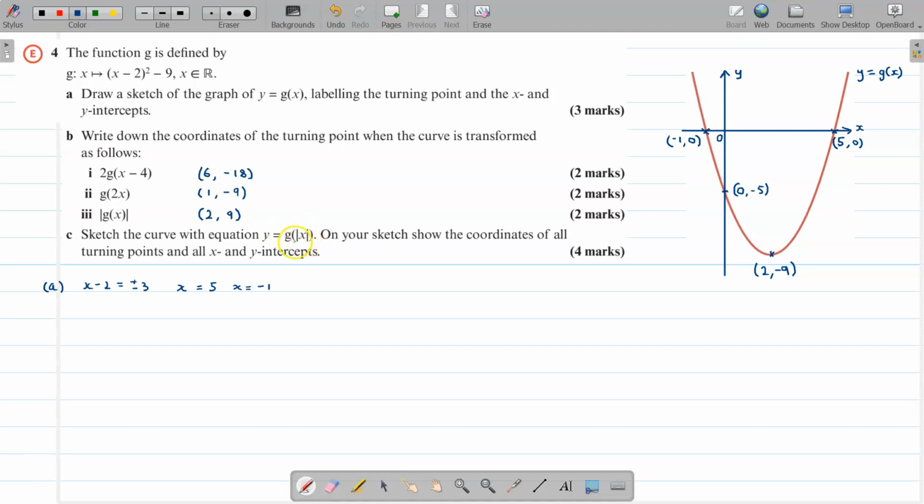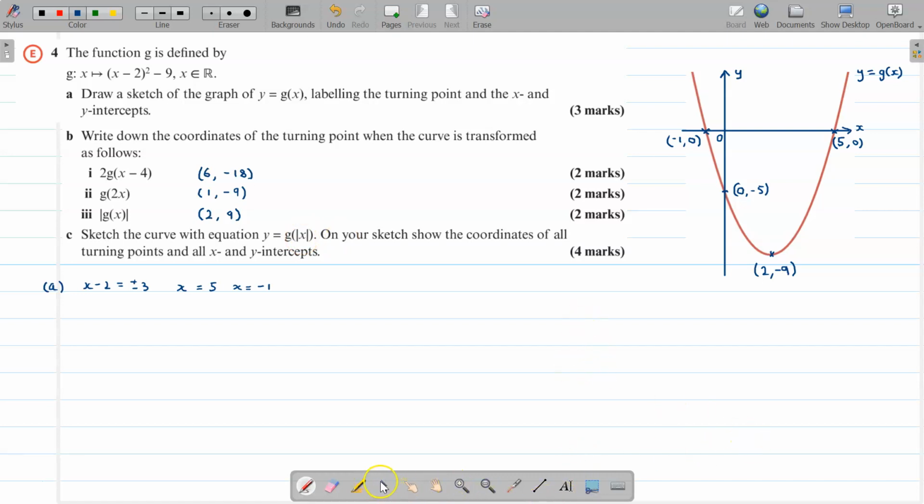Basically what this means is that any negative value of x is treated as if it were its positive instead. So when x is minus 1, it would be treated as if it were 1. So everything to the right of the y-axis simply gets reflected in the y-axis. So it looks something like this.